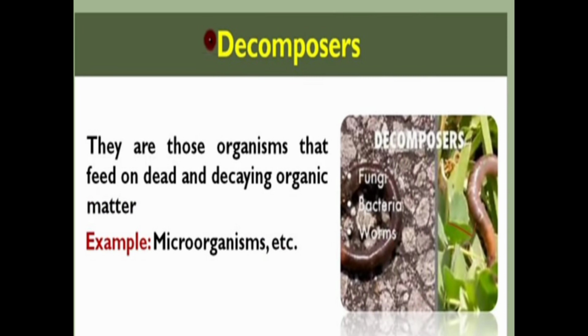So they are the organisms which feed on dead and decaying matter. Examples are microorganisms, fungi, bacteria, worms, etc. So these are examples of decomposers, the organisms which live in the ecosystem.